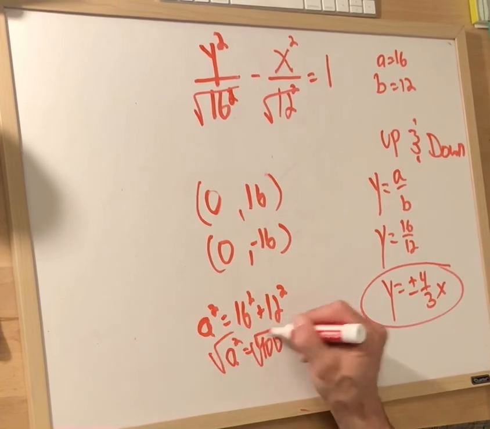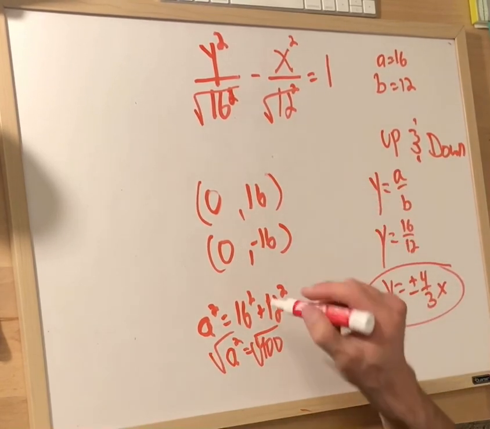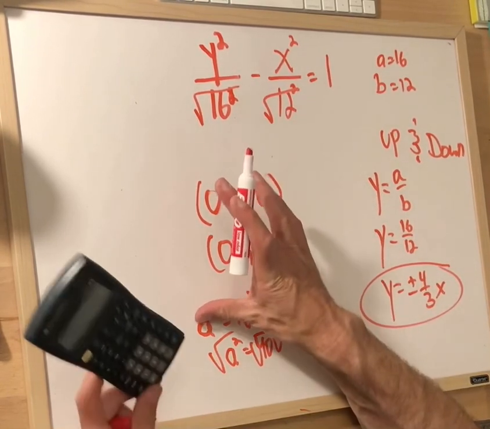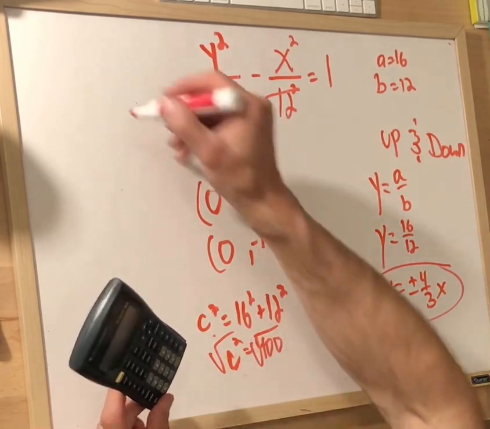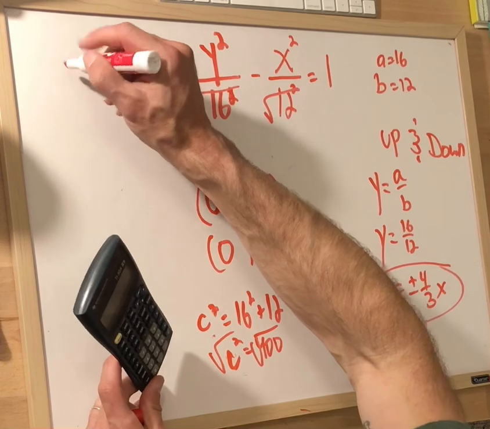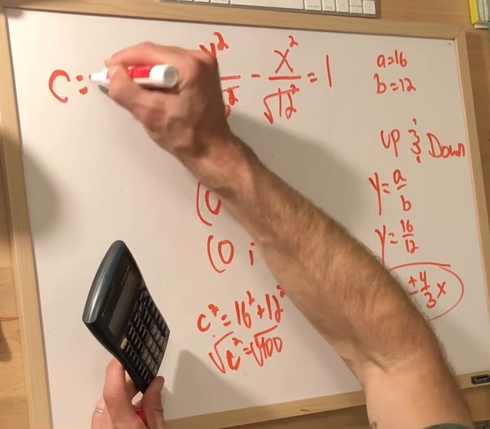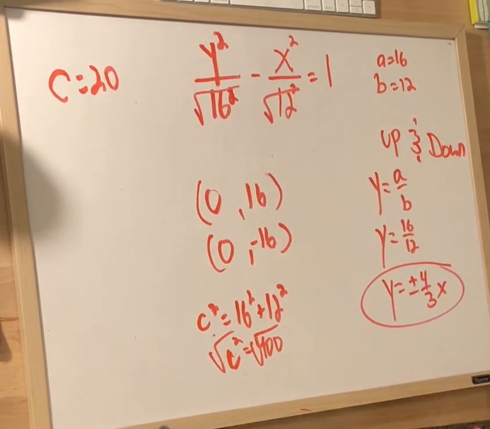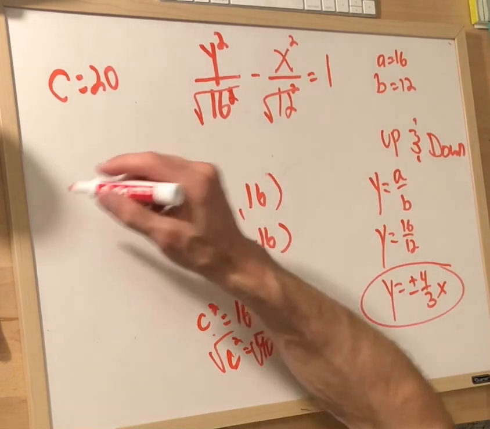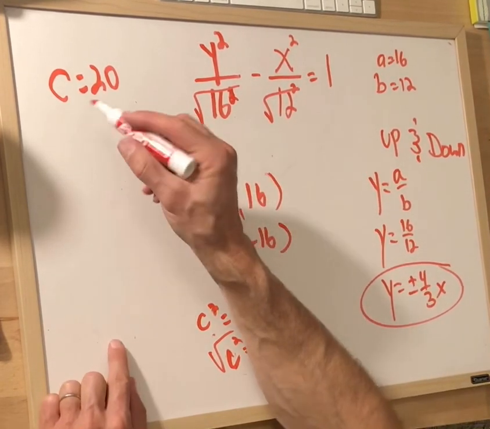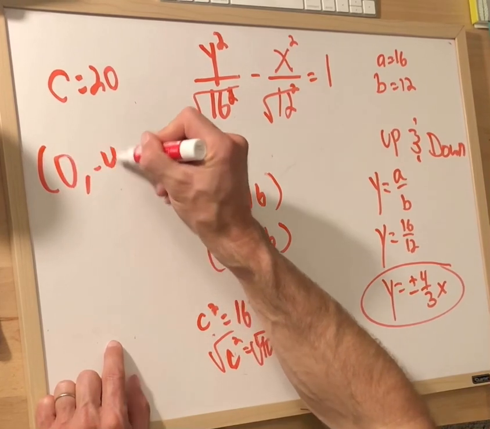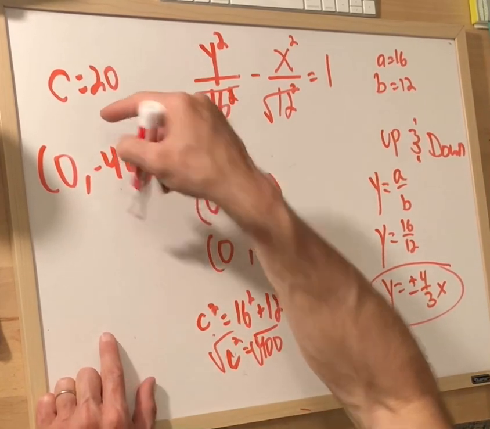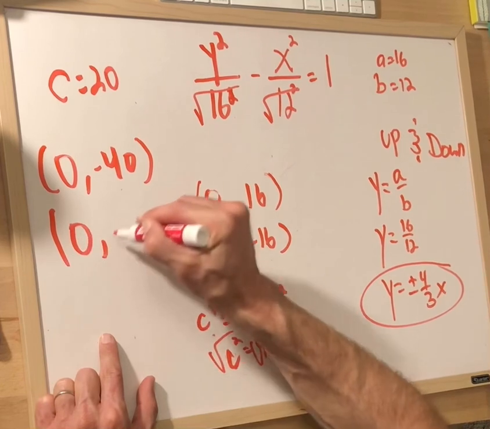Square root it, and I get 20, but it's not 20. It's 2 times this. Your foci points are 0, negative 40, because it's 2 times this if you look in the notes, and 0, positive 40.